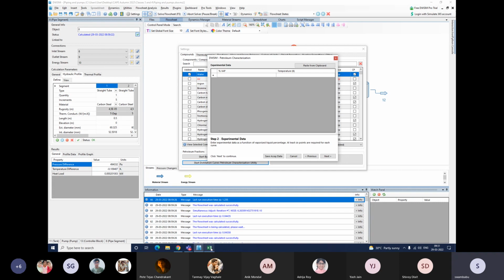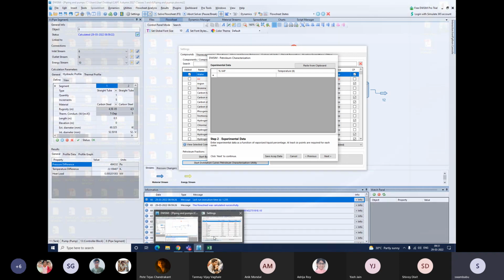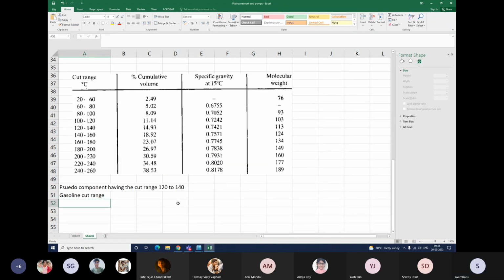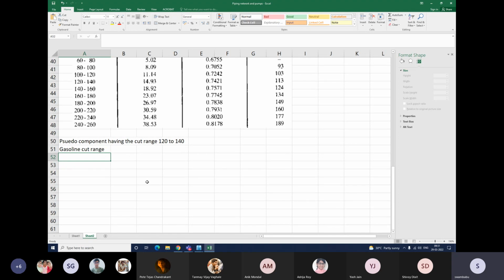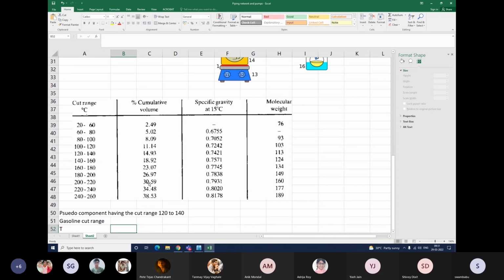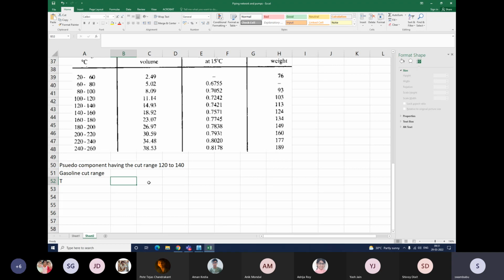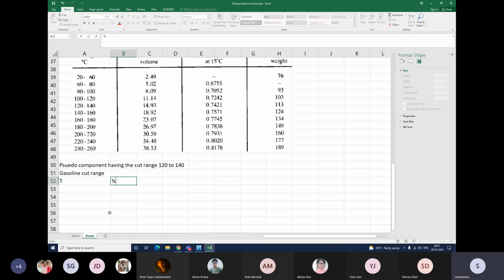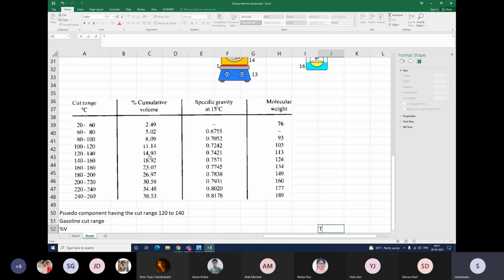If you want, I can also show you. I will just give this data: temperature, percentage vaporized. I simply copy and paste this data here.